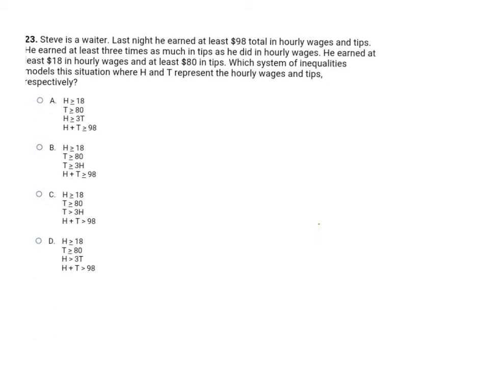Okay, the first one says $98 in total hourly wages and tips. So that means when we add the hourly wages plus the tips, it has to be at least $98. So it could be $98 or it could be more, so we're going to use the greater than or equal to symbol.